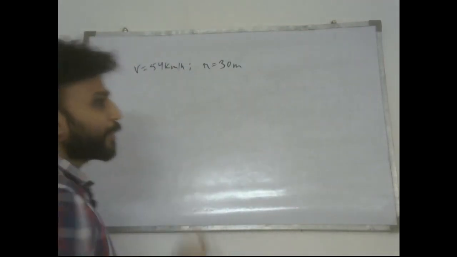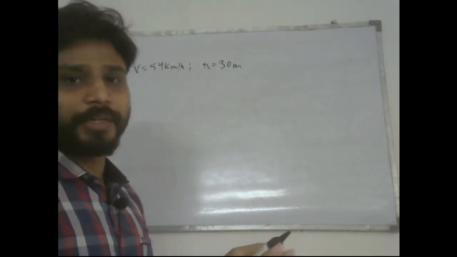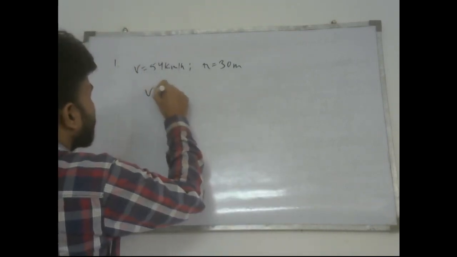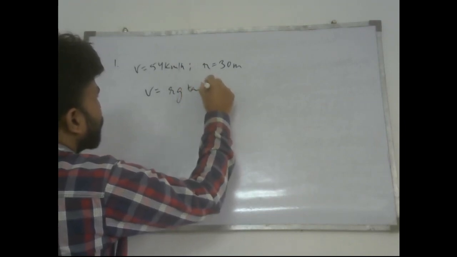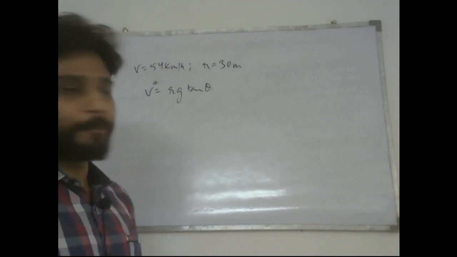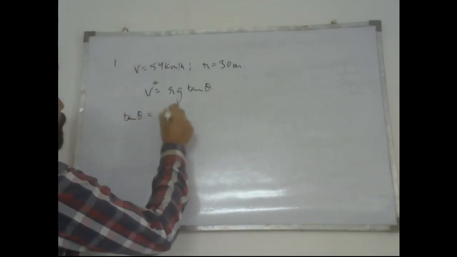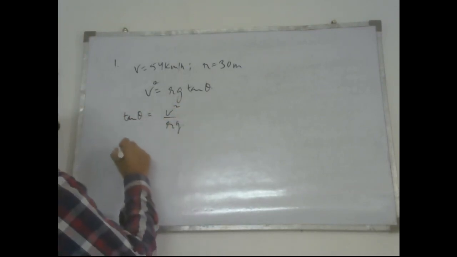We already know that for a car, the speed required at a given angle of banking is given by V square is equal to Rg tan theta. From this we can find the value of tan theta. Tan theta would be V square divided by Rg.